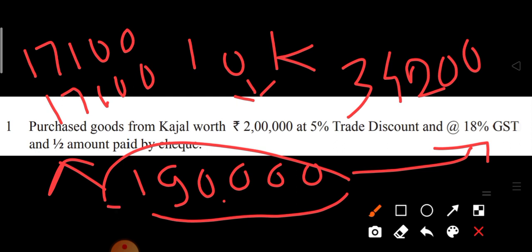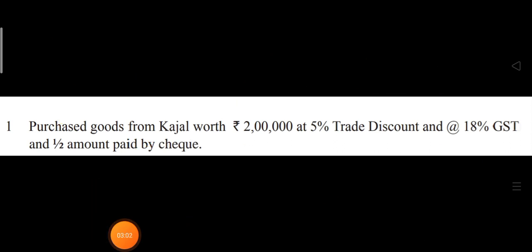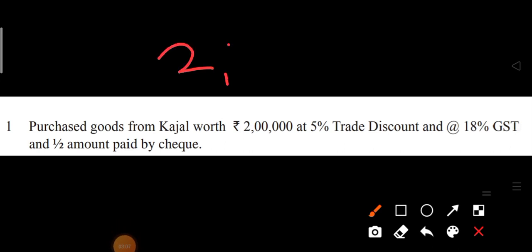I purchased some goods for rupees 2 lakh with 5% trade discount. So what is the value of the goods? 1,90,000. On 1,90,000, CGST 17,100 and SGST 17,100. So that total comes to 1,90,000 plus 34,200, which is 2,24,200. Here I am writing, total with GST 2,24,200.